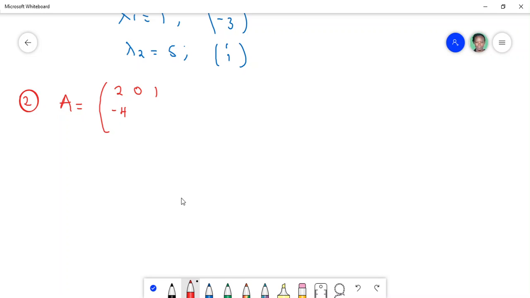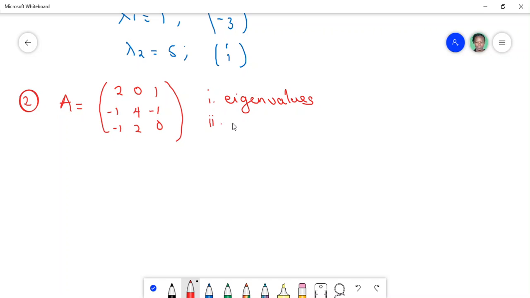So let's find our eigenvalues first. What do we have? We have the determinant of A minus lambda I to be equal to 0. For a 3 by 3 matrix, we have I equal to (1, 0, 0), (0, 1, 0), (0, 0, 1). That is the identity matrix.